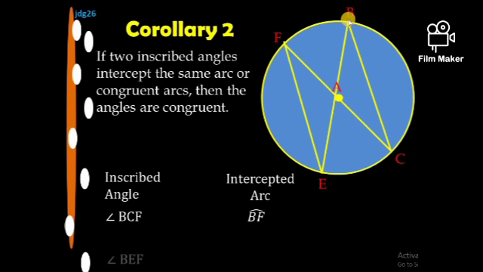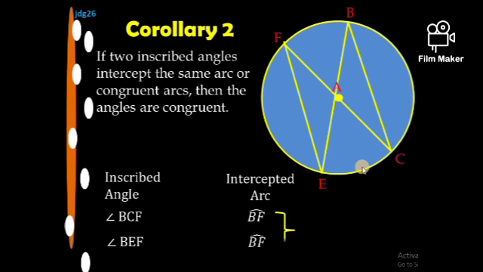And another inscribed angle, we have BEF. And its intercepted arc is also arc BF. So, ito yung dalawang inscribed angles natin na na-intercept yung same arc. Parehas sila ng intercepted arc. So, according to our corollary 2, the two angles are congruent.